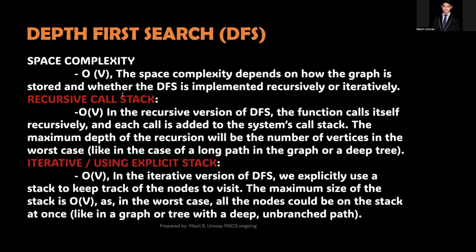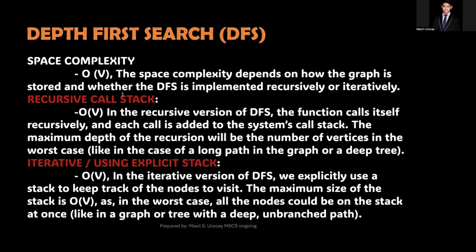In the recursive version of depth first search, the function calls itself recursively. That means there is a base case and each call is added to the system call stack. The maximum depth of the recursion will be the number of vertices in the worst case, like in the case of a long path in the graph or a deep tree. So that is O of V.